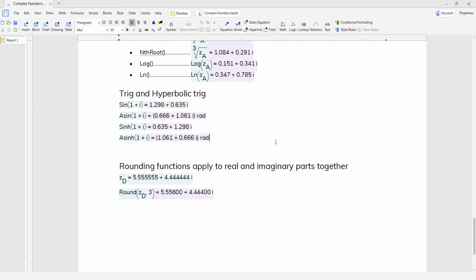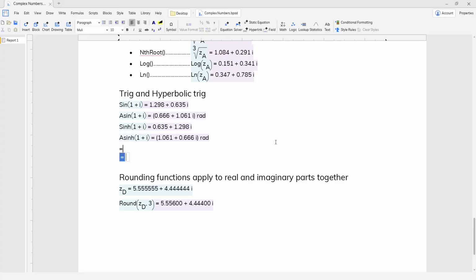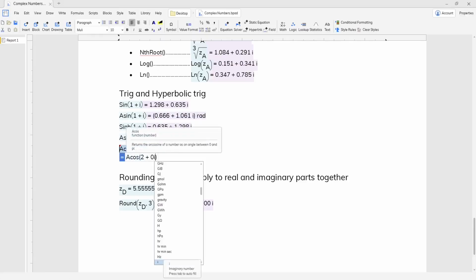There is one thing I wanted to point out though. So if I press the equal sign here and take an arc cosine of 2, then I get NaN as my answer. I look at the error bar, it says number error, essentially saying there is no arc cosine of 2. But if I come here and say 2 plus 0i, so now my input is a complex number, even though the imaginary component is 0, Blockpad's treating it as a complex number.